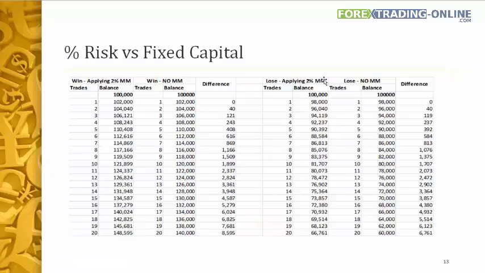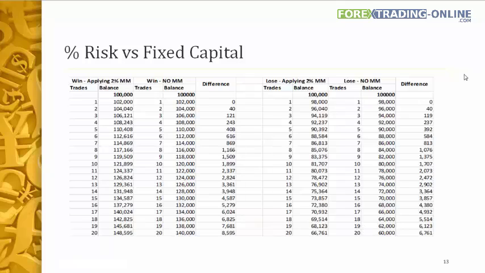On the flip side, when you're losing, let's say you lost 20 trades in a row, and applying a 2% rule, it actually softened the blow. As we can see, the end balance of your account is 66,000 as opposed to 60,000. This is what we really want to do. We want to amplify your gains and minimize your losses. And the only way you're going to be able to achieve this is if you use a fixed percent risk on your account as opposed to fixed capital.